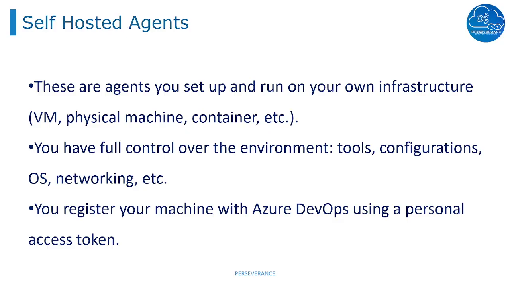And for this agent to work with Azure Pipelines, we should register our machine, in cases like a physical machine or bare metal, with Azure DevOps using a personal access token. It's an authentication token given by Azure DevOps, so that while configuring and connecting the machine to Azure Pipelines, we need this token to authenticate and connect. All right, so this is all about self-hosted.